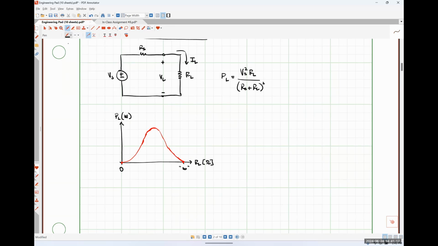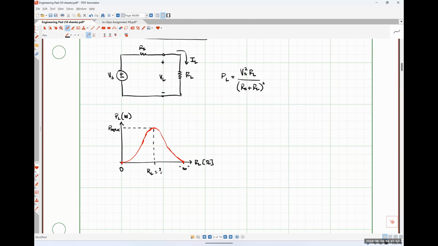So the first thing that I want to say is that there is exactly one value of load resistance that corresponds with the maximum amount of power that this practical source could deliver to a load, okay? And we are going to figure out exactly what that is here in a moment, okay? So RL is equal to what is our goal here?